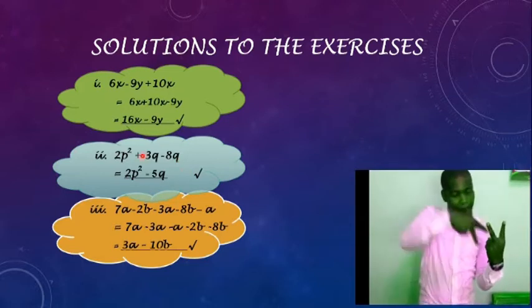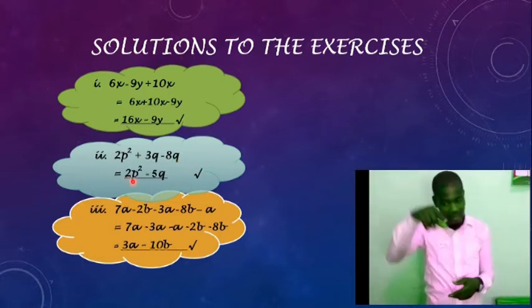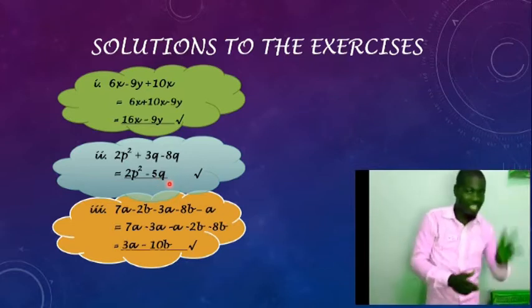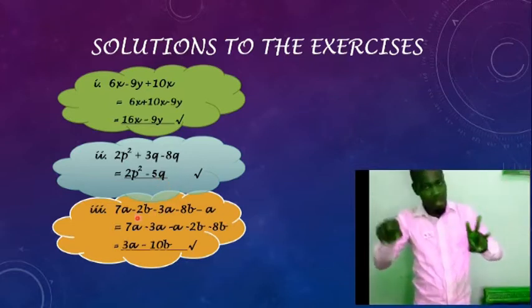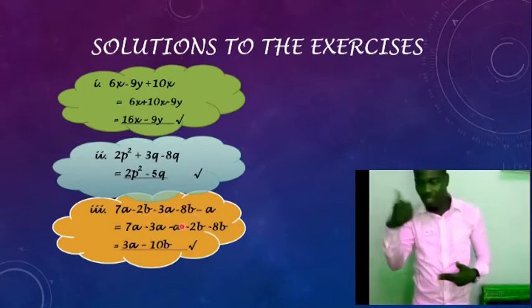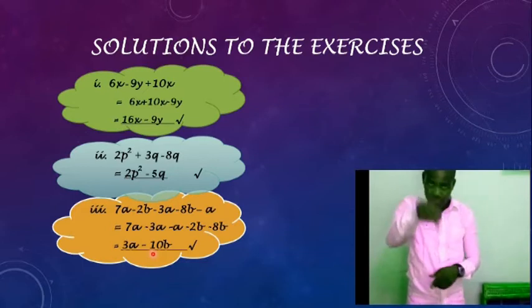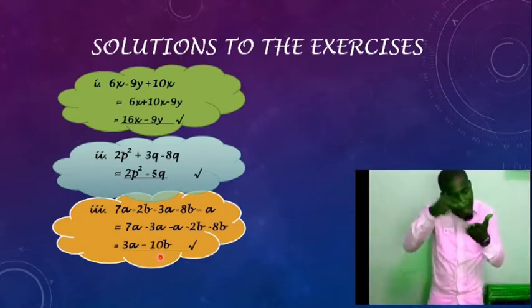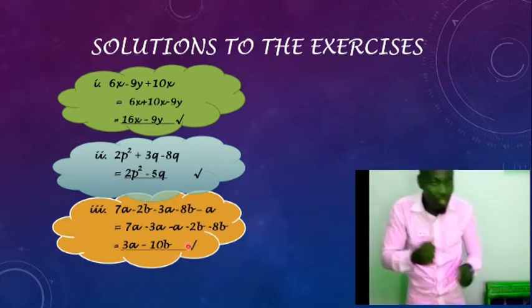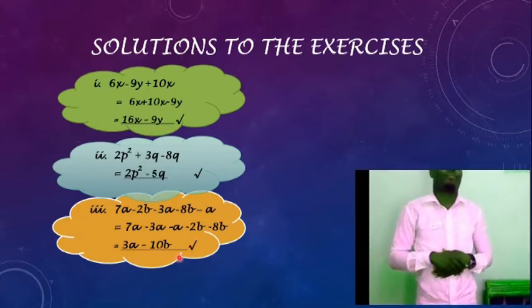The second question should give you 2p squared minus 5q as the final answer, while the third question, 7a minus 2b minus 3a minus 8b minus a, should give you 3a minus 10b as the final answer. Please check to ensure that your answers are correct. If not, kindly carry out the corrections.